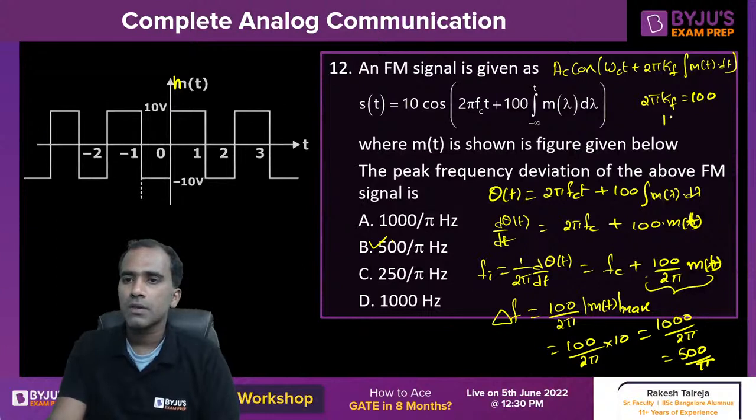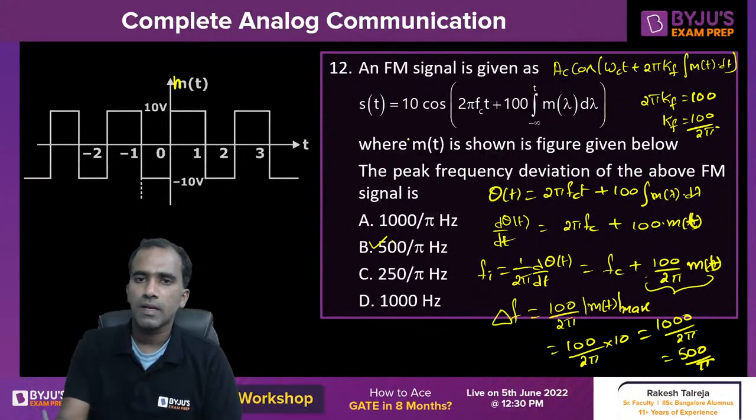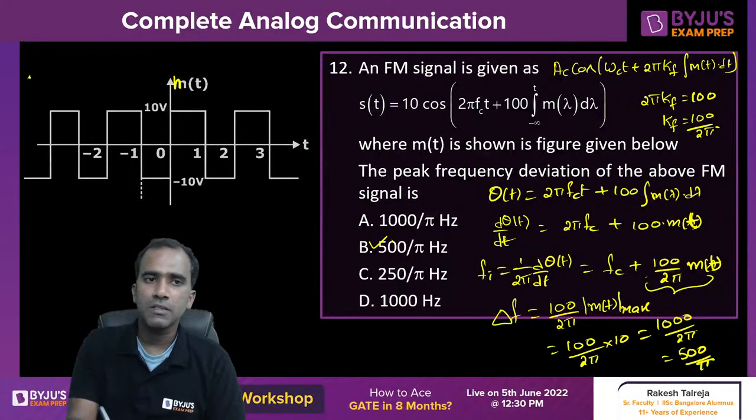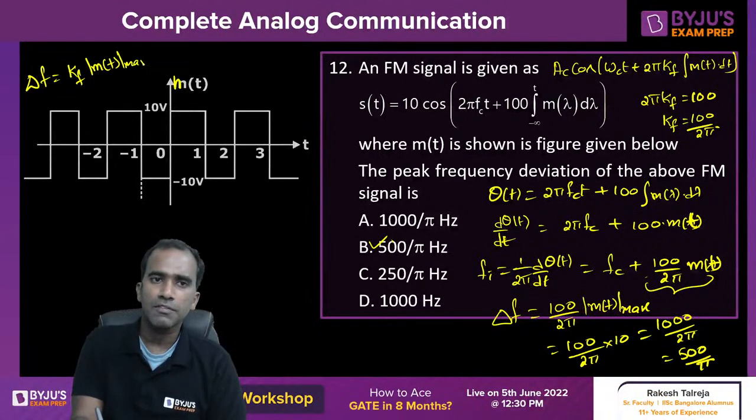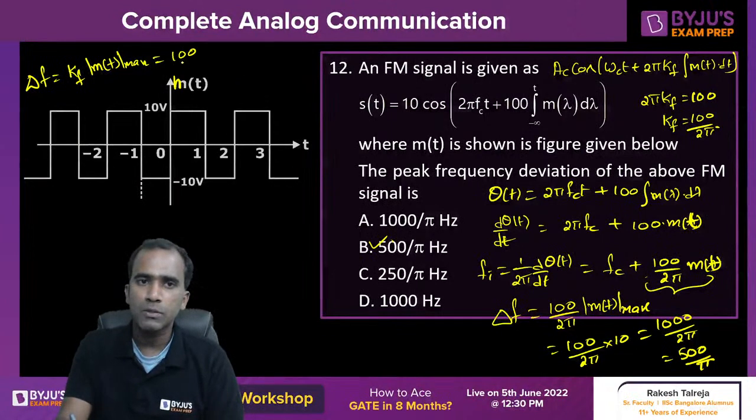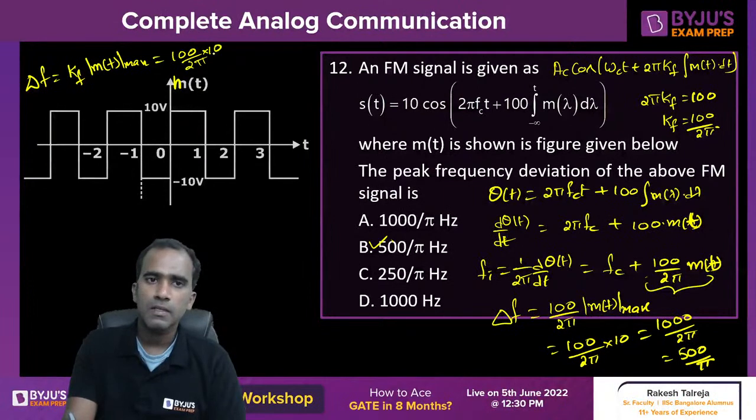So kf is 100 divided by 2 pi, and they are asking us to find the peak frequency deviation. The frequency deviation formula is kf into the maximum of mod m of t. That is the general formula which is valid for all messages. So kf we have found by comparison as 100 by 2 pi, and the maximum amplitude of the message is 10. Same answer you are getting.